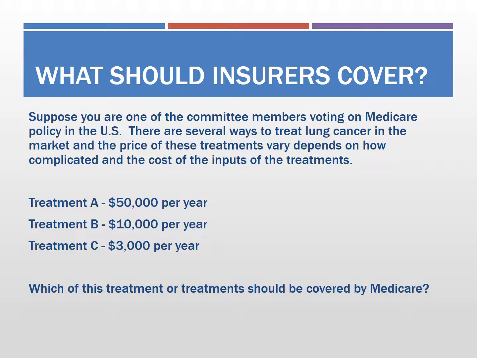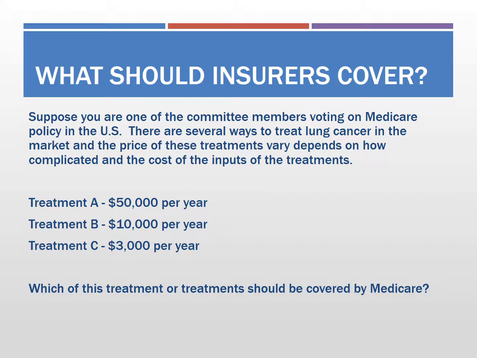In this case, which treatments are worth it for the insurance company or the Medicare department to cover the cost of? Obviously, if we cover everything in this economy, people will always choose the most expensive one because of moral hazard. People will always pick the most expensive ones, even if they give very marginal benefits in treating the health conditions.